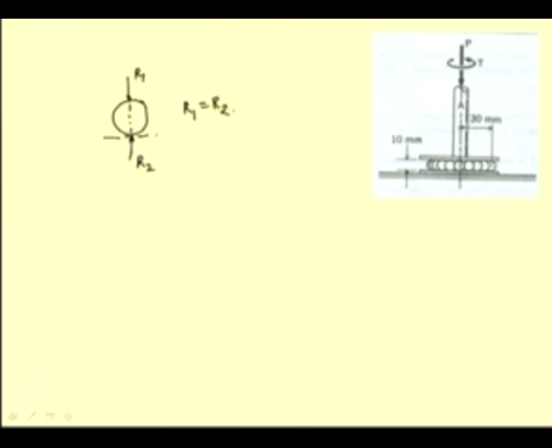But when the shaft starts to rotate in the counterclockwise direction, the point of contact for the ball shifts to a new location in the forward direction. This is for the bottom surface.